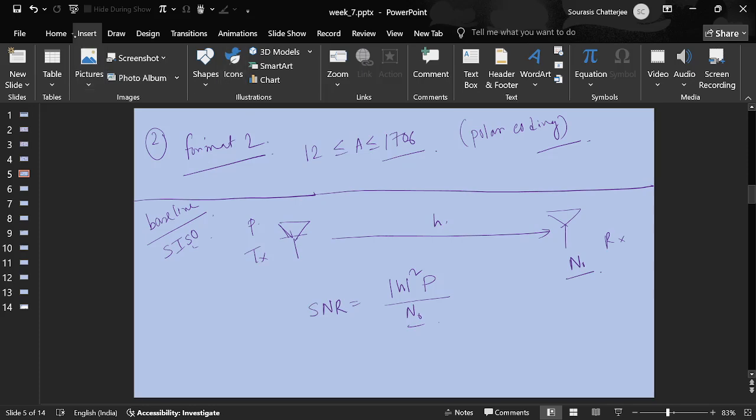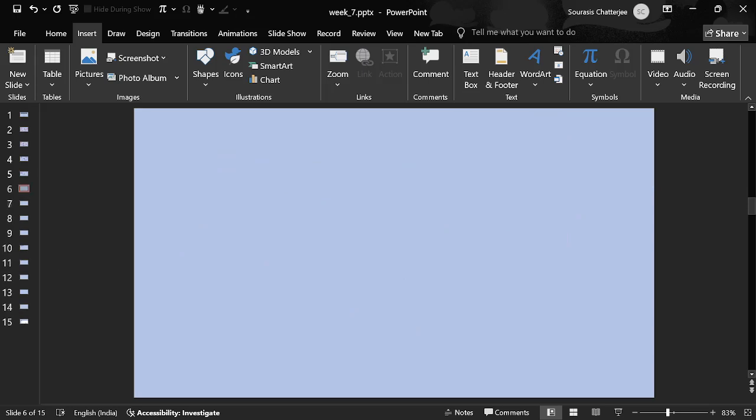Now let us consider that at the receiver end I have two antennas, and here I am observing a channel H1, here I am observing a channel H2, and it's still transmitting with the power P. Here the received signal Y1 is equal to H1X plus N1, where X is what is transmitted with power P, that means X squared is P, assuming X is constant.